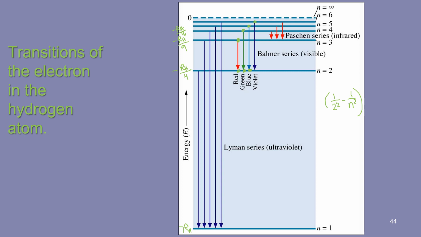Now we're seeing that these are just the levels. And the ones that actually go to the second level, which is 2 squared, give those colors that are in the visible range. You can also have transitions to other levels. So if you look here, you can have a transition from 2 to 1, from 3 to 1.